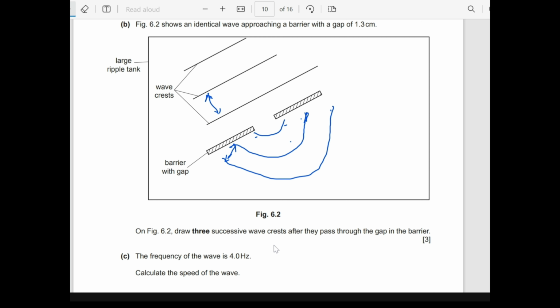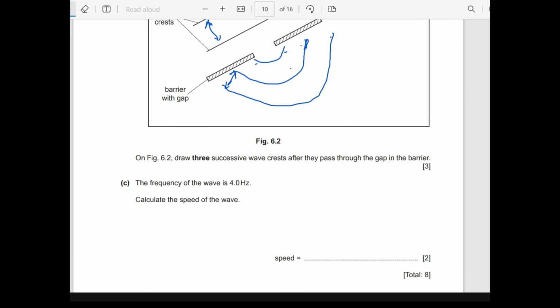We've drawn that right now. The frequency of the wave is 4 hertz. Calculate the speed of the wave.